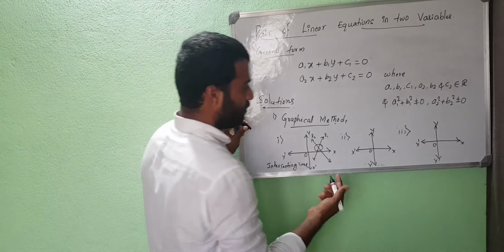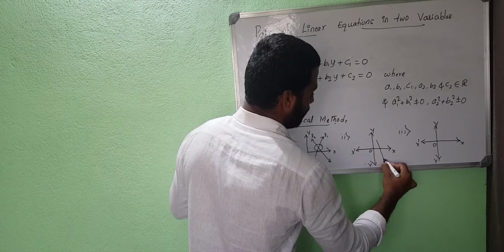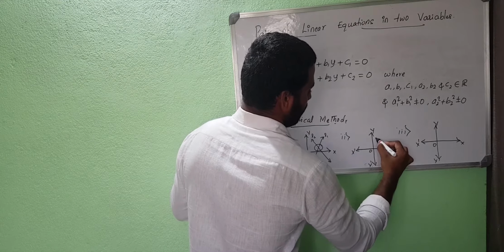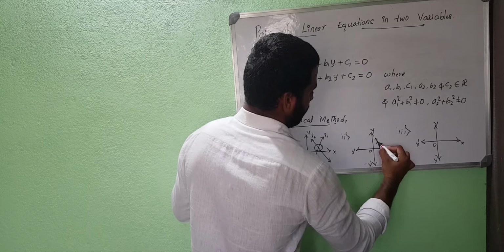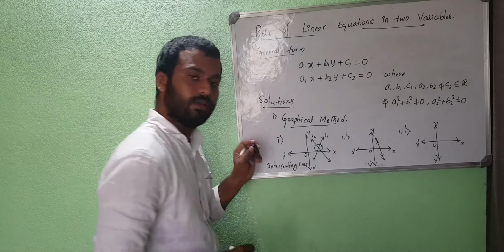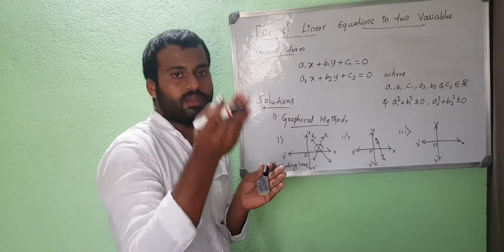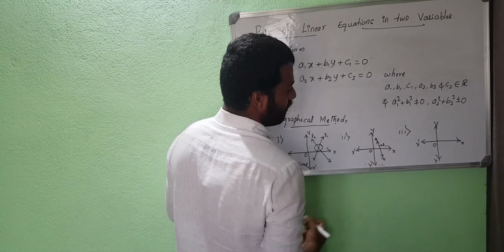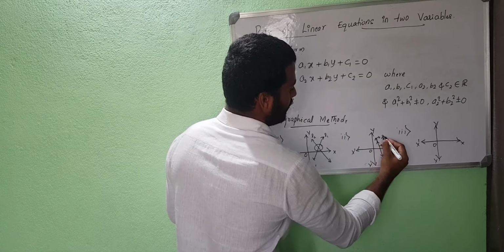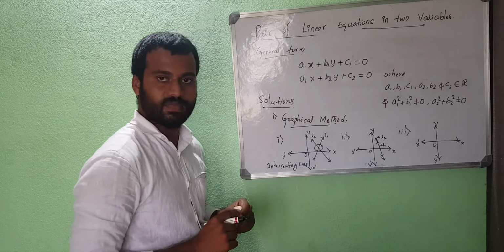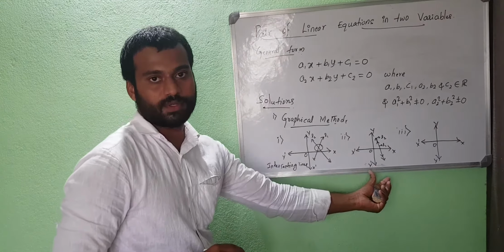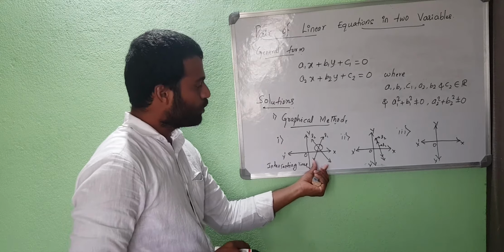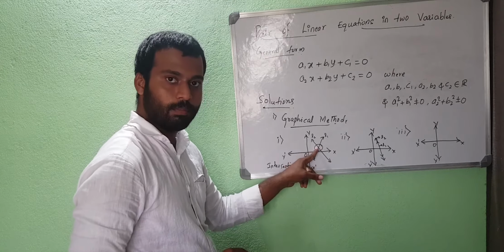Now one more thing: two lines are overlapping, one on the other. This one you can call line 1 and this one line 2. This is another type of solution. In the first case the two lines intersect at one point.